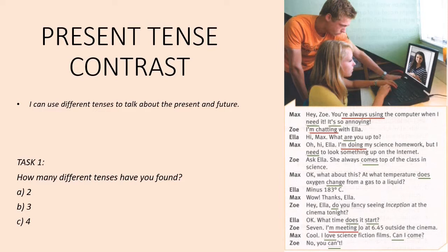Minus 183 degrees Celsius. Wow, thanks Ella. Hey Ella, do you fancy seeing Inception at the cinema tonight? Okay, what time does it start? 7. I'm meeting Joe at 6:45 outside the cinema. Cool, I love science fiction films. Can I come? No, you can't.